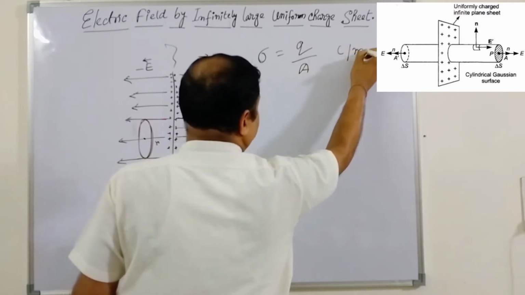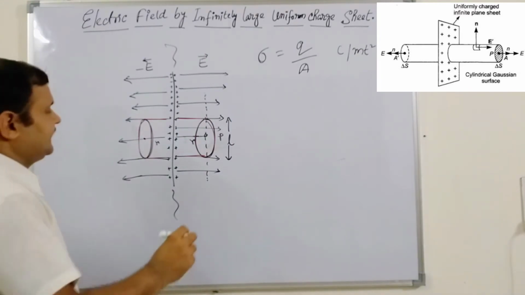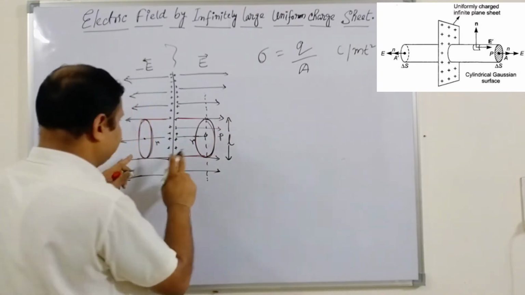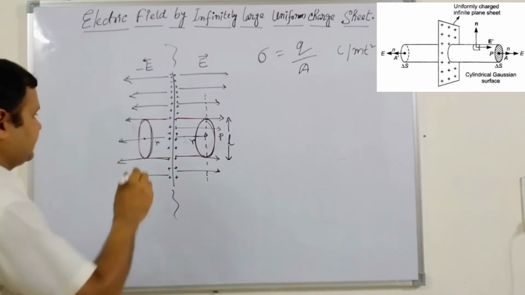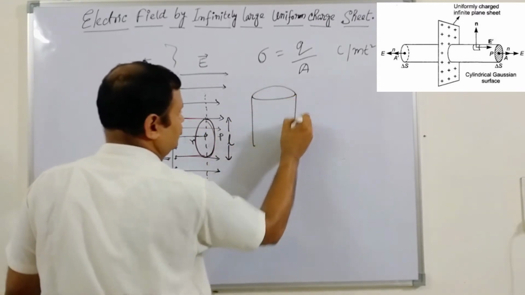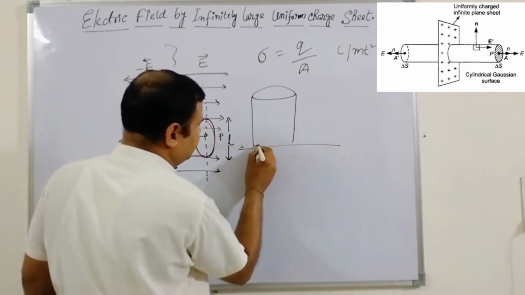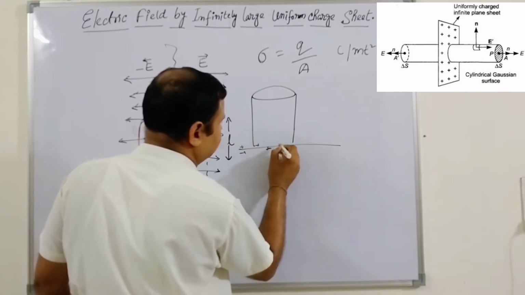This is Coulomb per meter square. Okay, so we have the Gauss surface here, three surfaces, for the cylinder. This is the plate for better understanding, and this is the charge distributed over it like this.